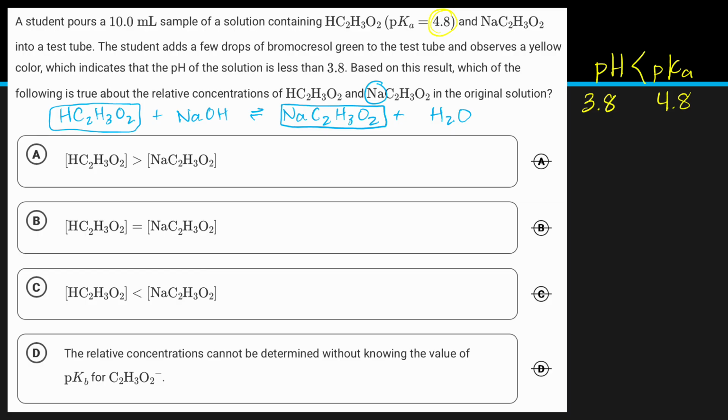So what that means is that our acid or our protonated state is going to be favored or more present in solution, and that is acetic acid. And that brings us to our answer choice of A, because the concentration of weak acid is going to be greater than the concentration of conjugate base because our pH is lower than our pKa.